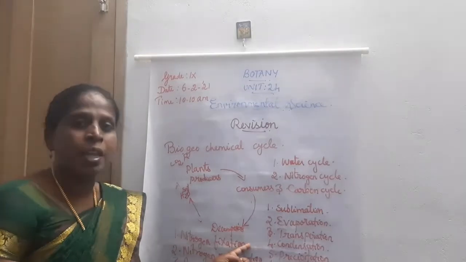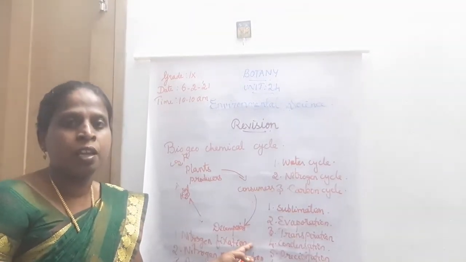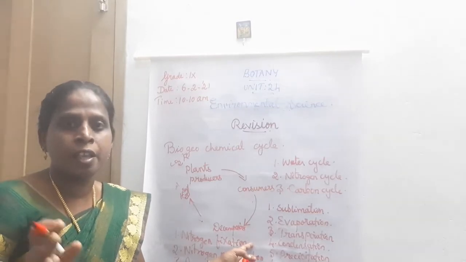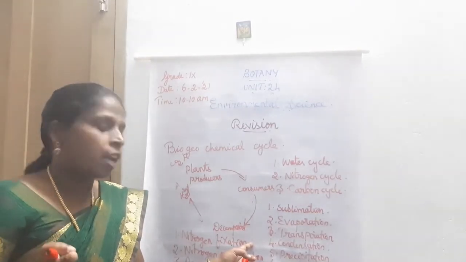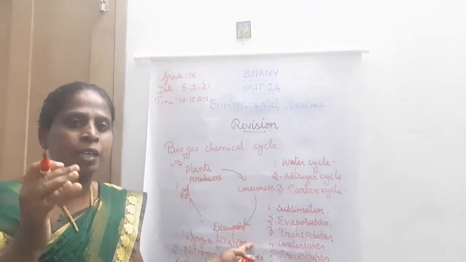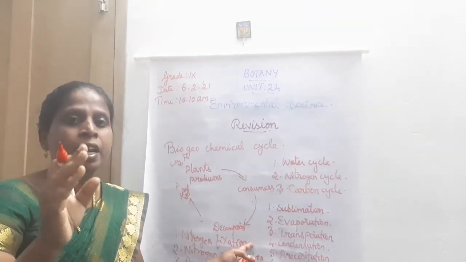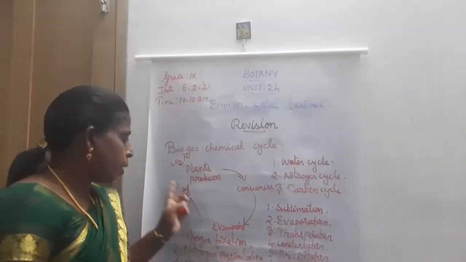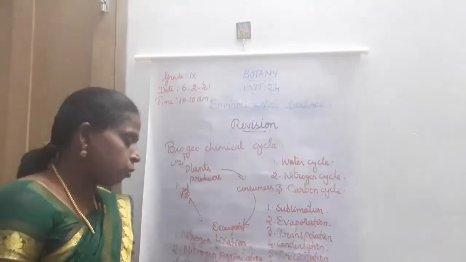Rhizobium is a nitrogen fixing bacteria in leguminous plants, and there are blue green algae, cyanobacteria, Nostoc. With the help of these, the atmospheric nitrogen can be fixed to the soil. Now from the atmosphere it is fixed to the soil.